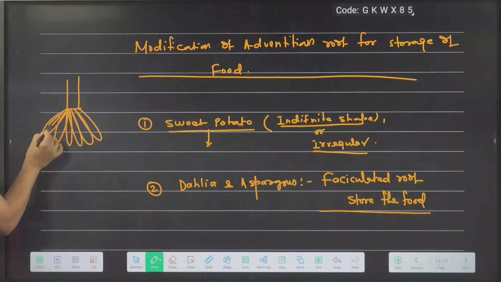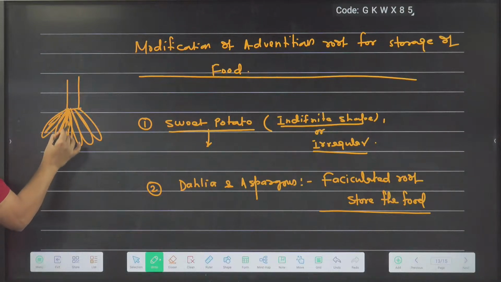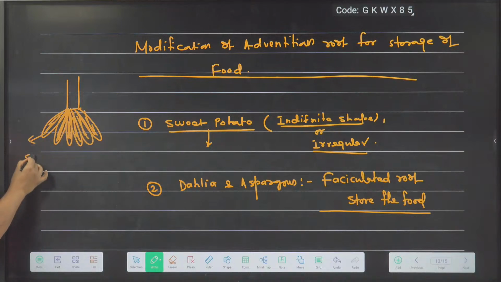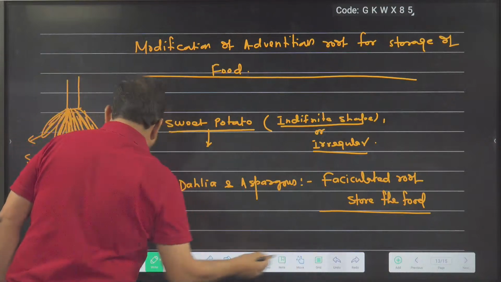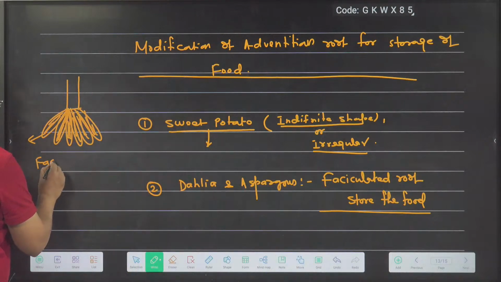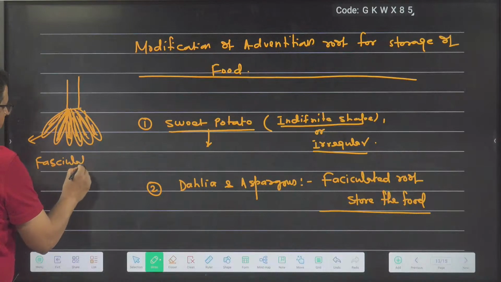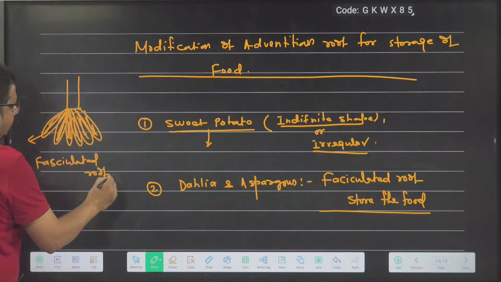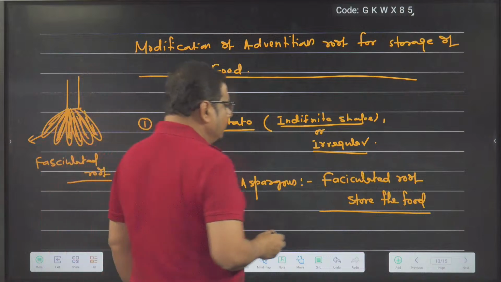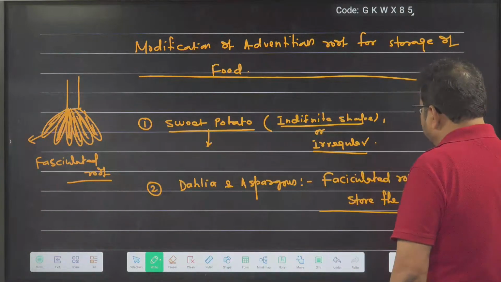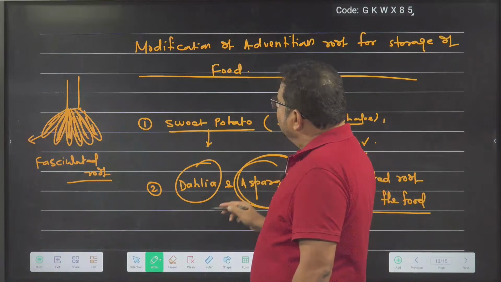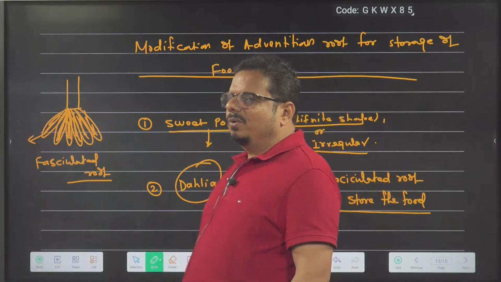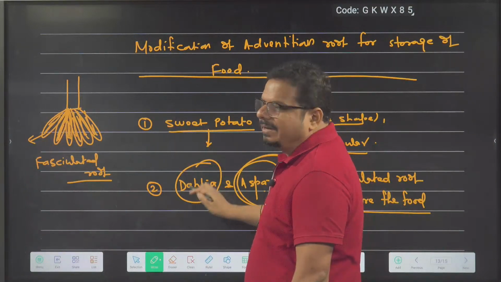Here, food is stored. See, adventitious roots arise from the base of the stem and store the food. It is a fasciculated root. So the fasciculated root is a type of adventitious root present in dahlia and asparagus, responsible for storage of food. Not much modification is given in NCERT, only the asparagus diagram, that's the reason I mentioned it.